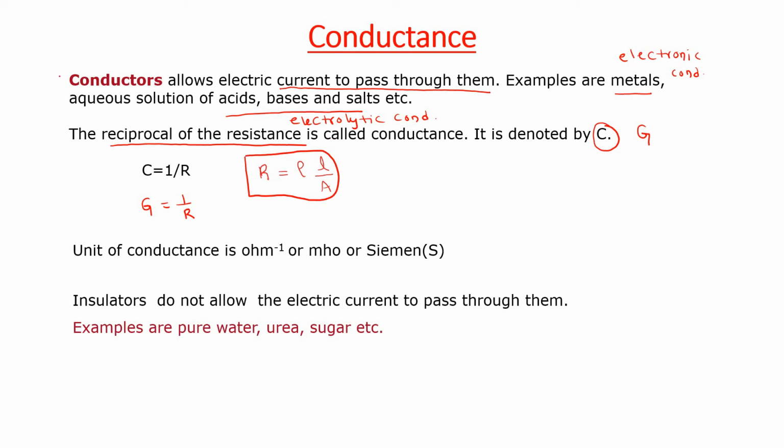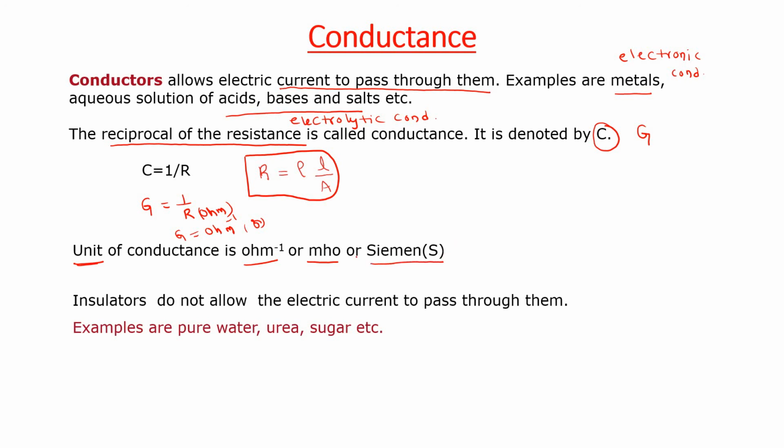Before that, let us see the units for conductance. Conductance units will be ohm inverse, because resistance is in ohm. We can also write mho, which is ohm spelled in reverse, or capital S, Siemens.